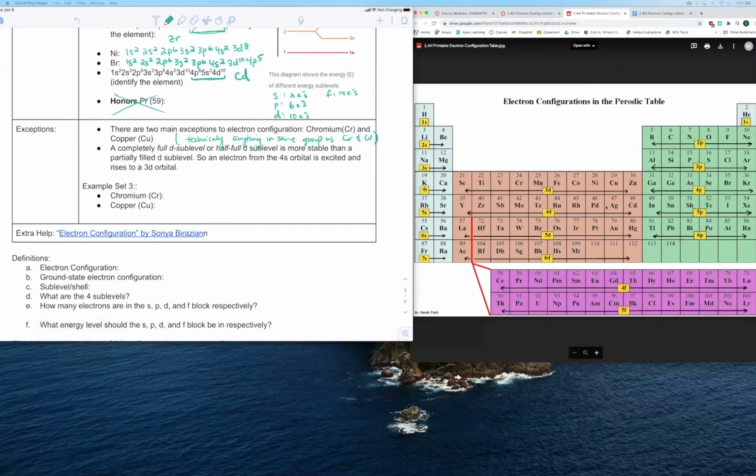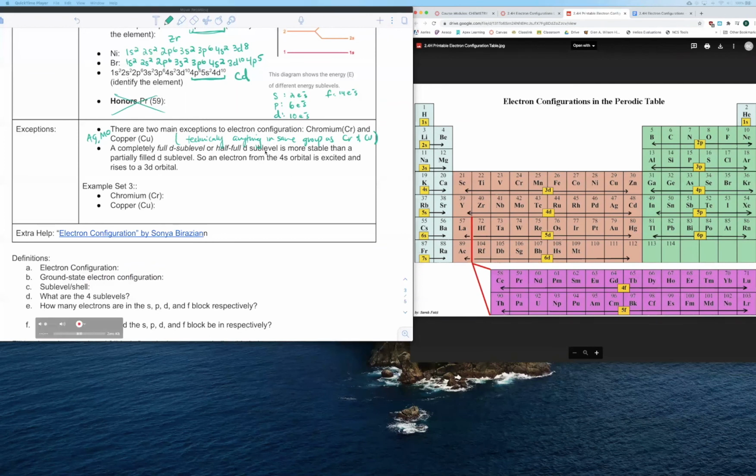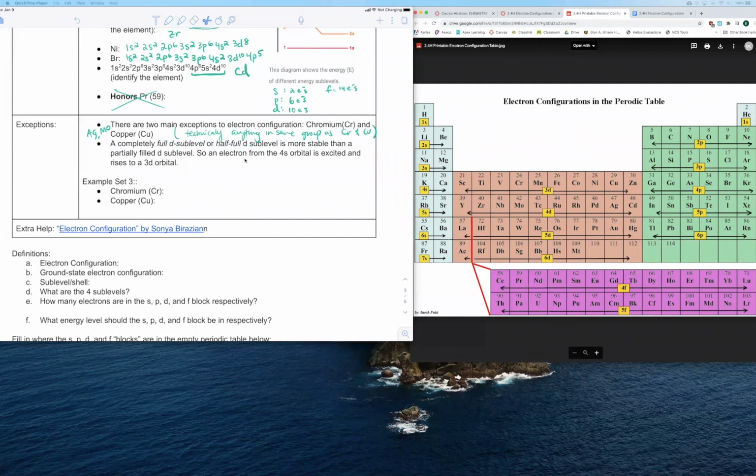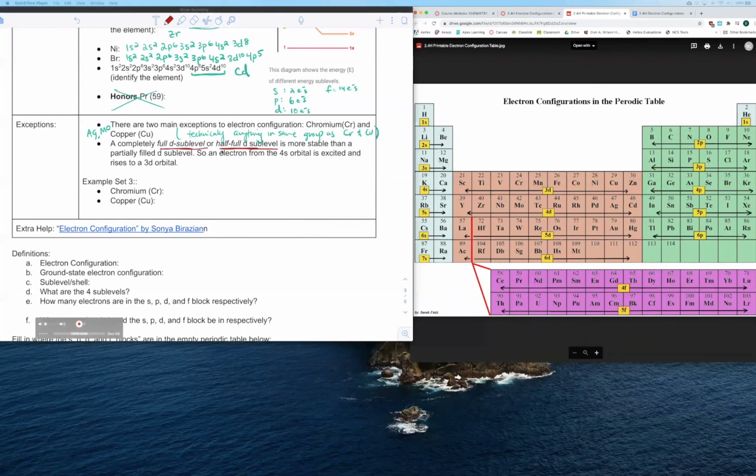So like for silver, or you could also have Mo, right? These would also count as exceptions to electron configuration. So the reason why there's an exception to these particular electron configurations is because of these 2 ideas right here.